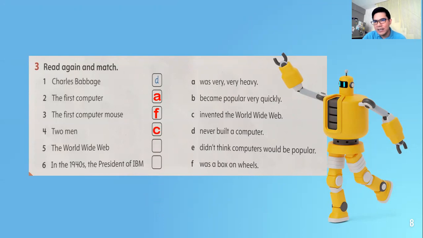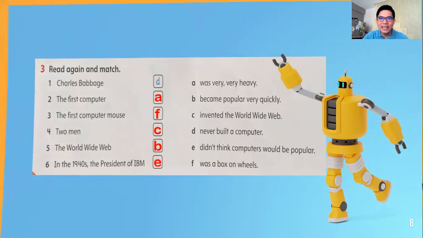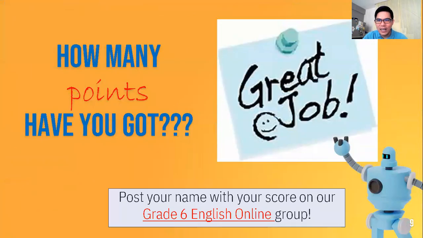That's letter C. The World Wide Web became popular very quickly. And in the 1940s, the president of IBM didn't think computers would be popular. And that's letter E. All right, how many points have you got?